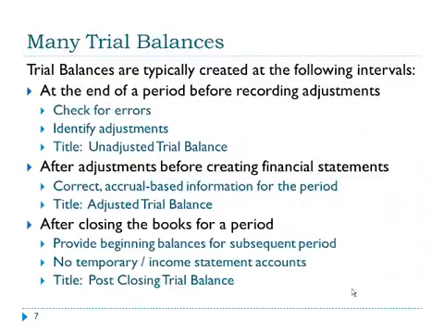Trial balances are typically created at the following points in time. Immediately at the end of a period, we'll gather together all of the balances based on the journal entries that have happened so far. This gives us an immediate check for errors that can be identified so that we can make those corrections.